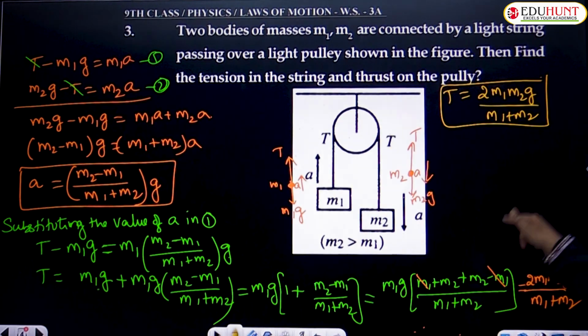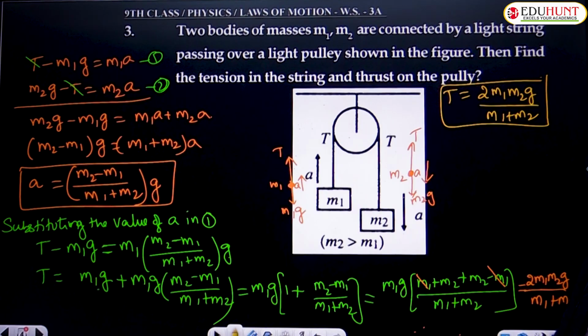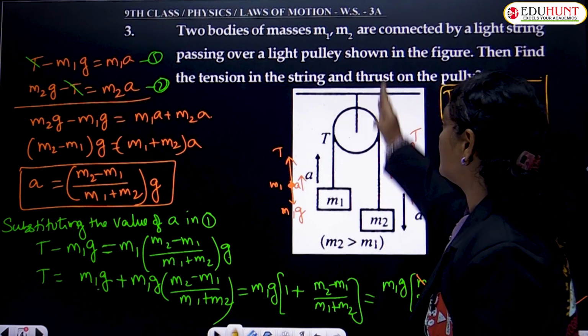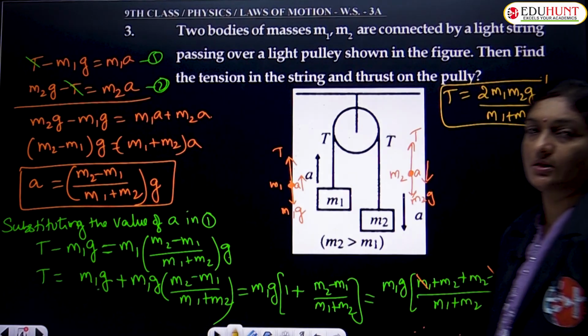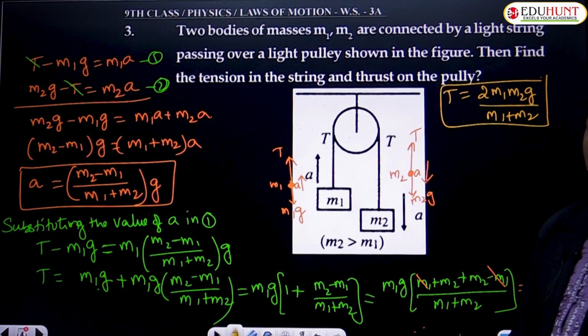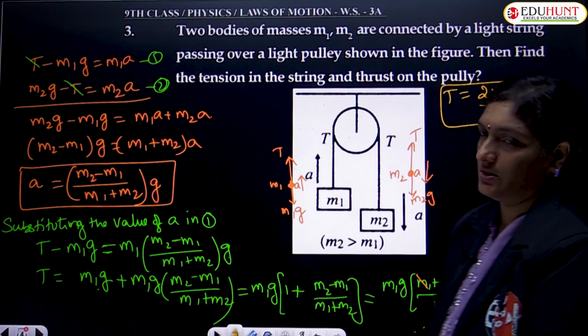They have also asked us to find the thrust acting on the system. If you observe, this tension is acting upwards and here also the tension is acting upwards. So these two tensions acting on the pulley are parallel to each other. Parallel means the angle between the two tensions is 0 degrees.